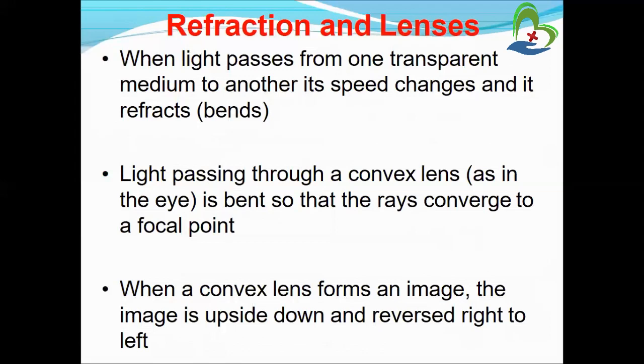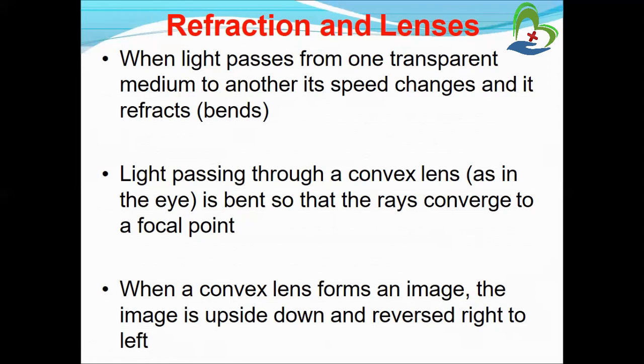Next is refraction and lenses. When any light passes from one transparent medium to another medium, its speed changes and it is refracted, which means bent. We already learned this kind of experiment in our 10th and 12th standard: when light passes from one transparent medium to another, it will be slightly bent.